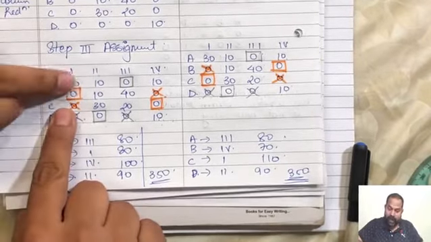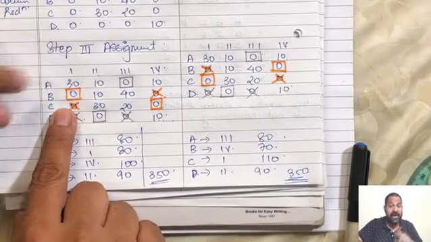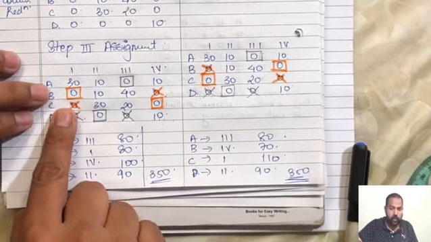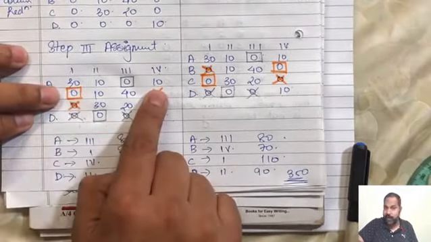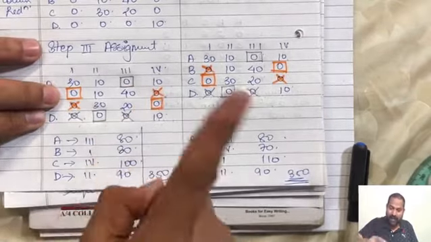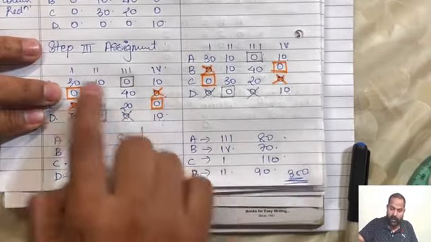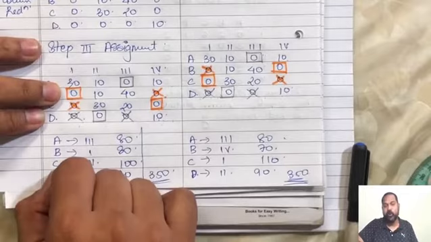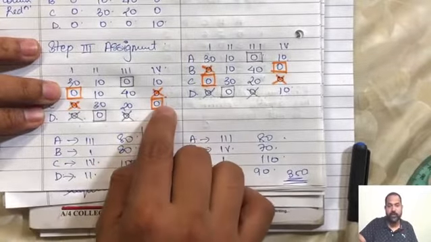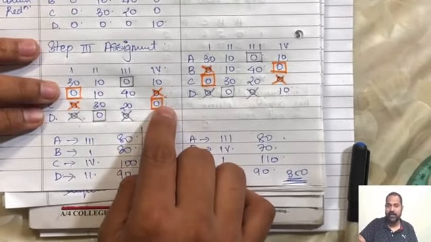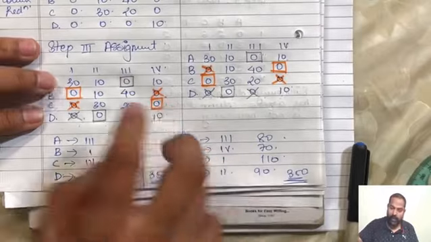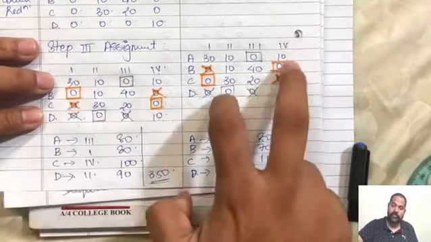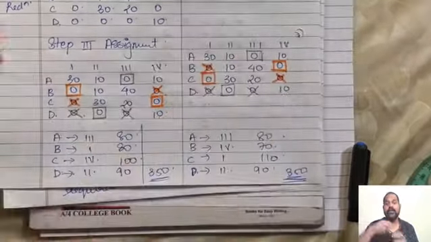Like here, I chose this zero. Usually I choose a row with only one zero, but I chose a row with two zeros because I didn't have a choice. Then I cancel the zero in that row and the zero in that column. That leaves me with one zero here. I mark it as an assignment. Or I either choose these two or I choose these two and cancel these two.